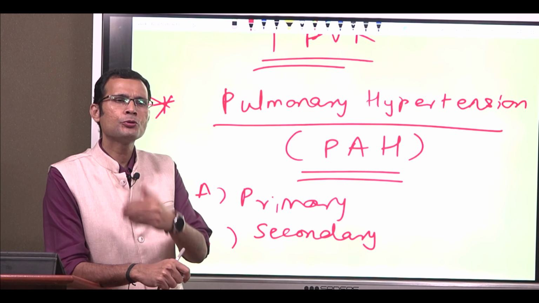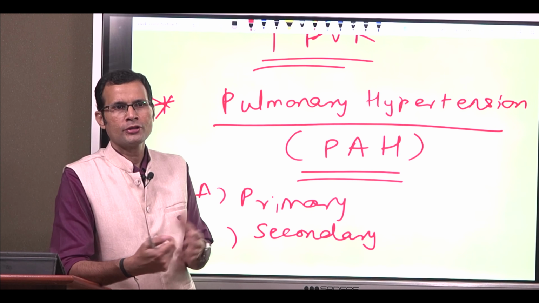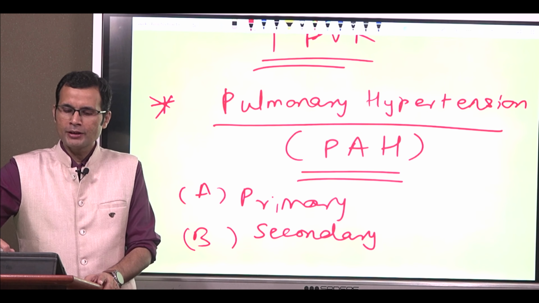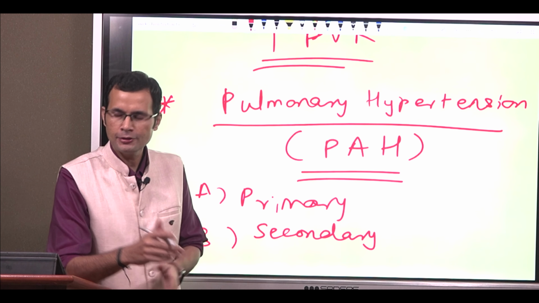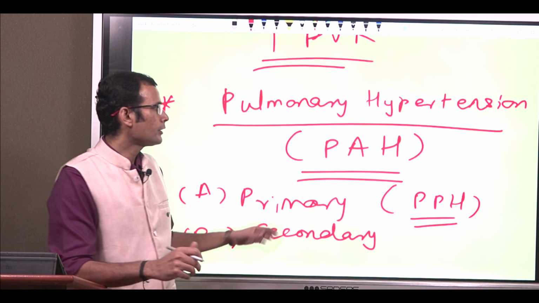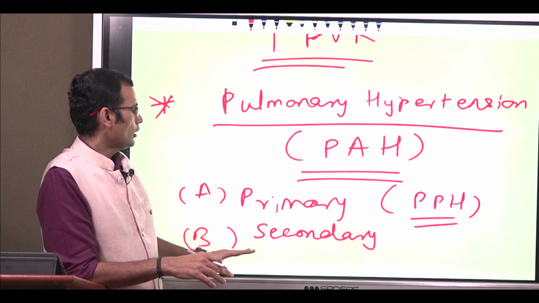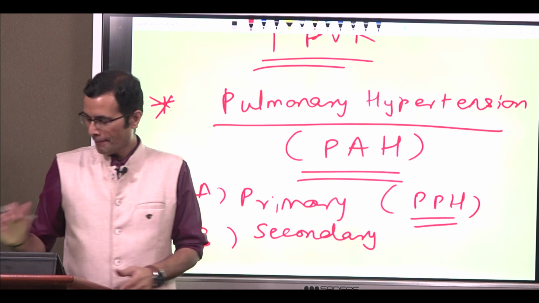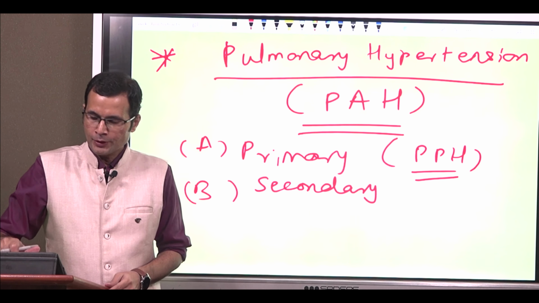Secondary hypertension is due to some organic pathology or some underlying disease. So similarly, even here it's the primary pulmonary hypertension. We are talking PAH is pulmonary artery hypertension. It can be primary or secondary to some other disease mechanism.